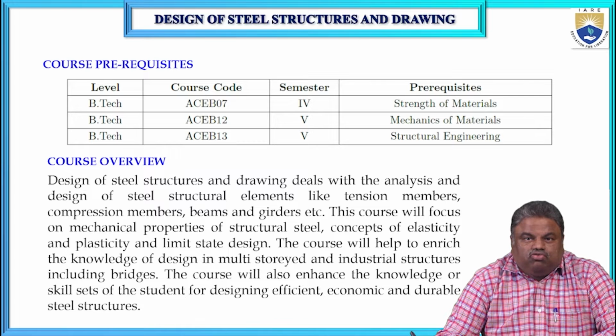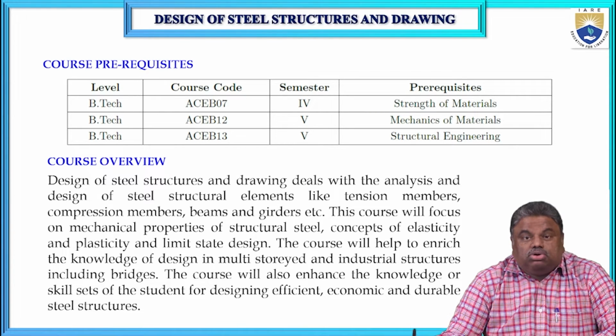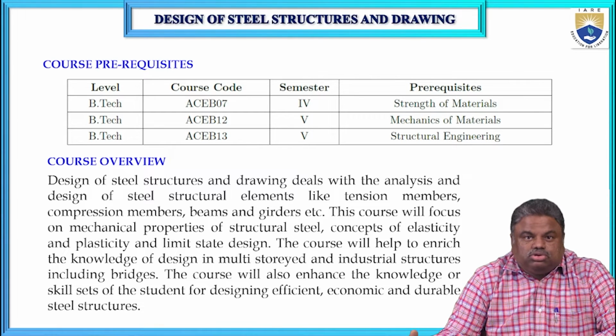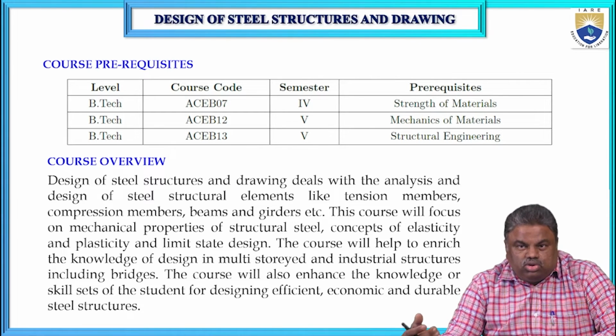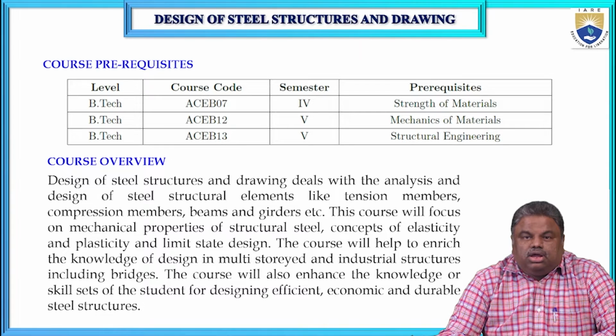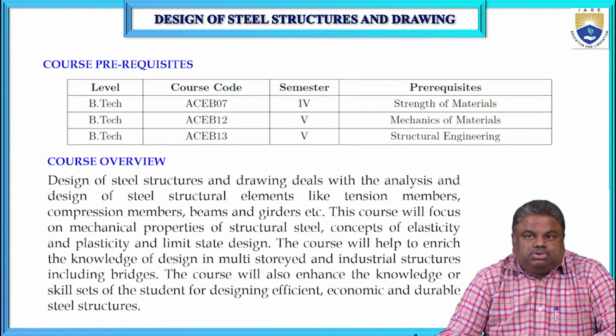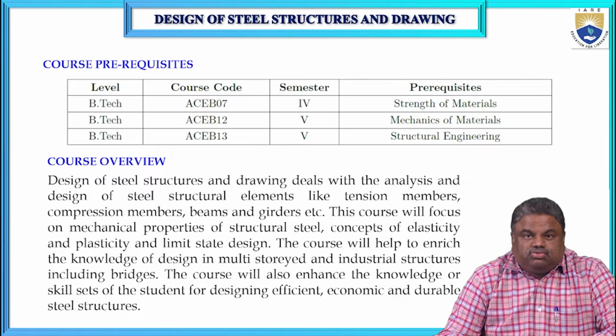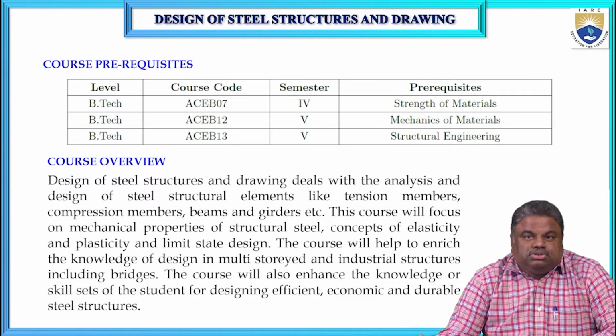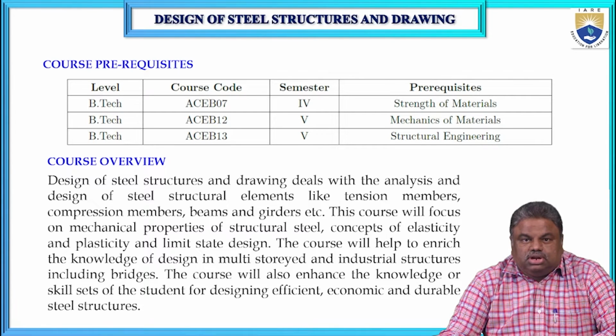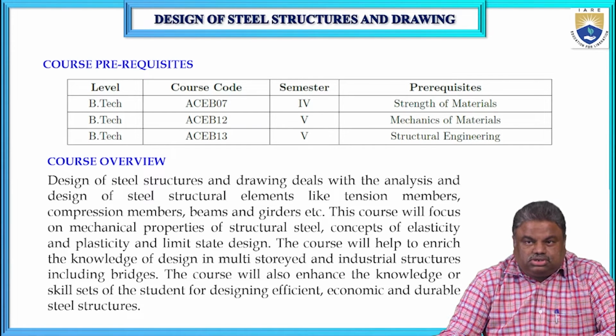This course will focus on the mechanical properties of structural steel, what the different steels available are and what their properties are, how we can use those steels for design purposes, the concept of elasticity, what limit state design is, how to go about the limit state design, and how to design the different structural members in steel structures.